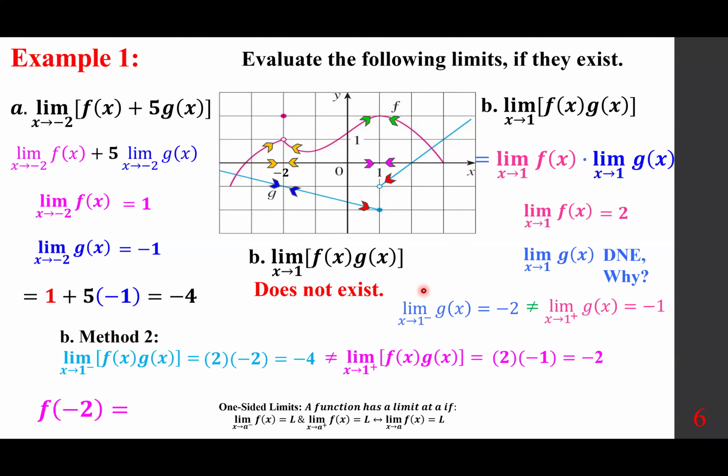Finally, it's important to look at a couple of points. For example, f of -2. So you look at -2 along the x-axis, and for the red function, you look for a solid point. This is the point which has the y coordinate +2. G of 1, you're looking at the blue function, okay?